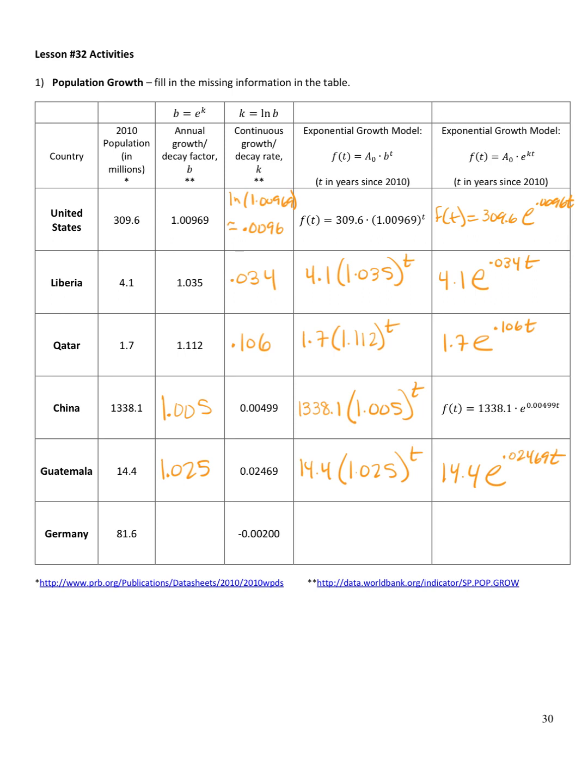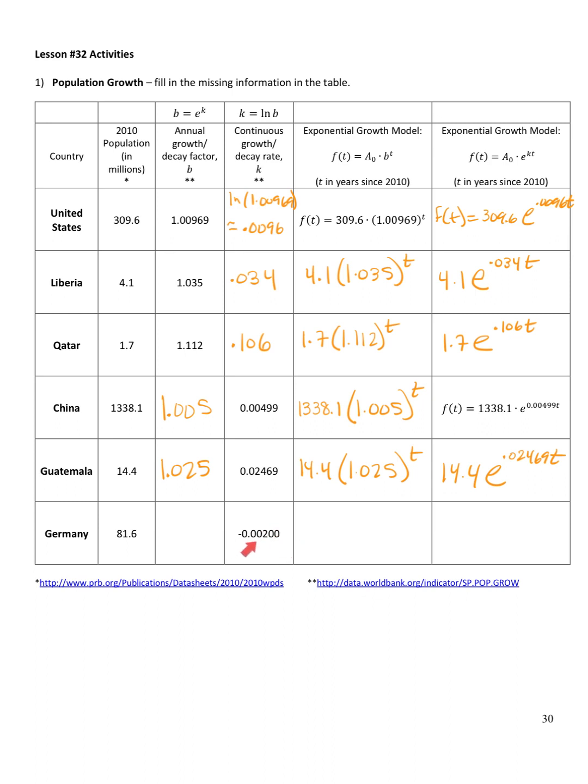And finally, we have Germany, which has a negative decay rate, which means that the population is shrinking, which means that this should be a decay factor, meaning it should be less than 1. So let's double check.